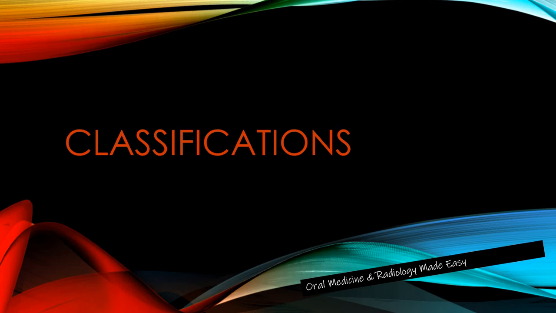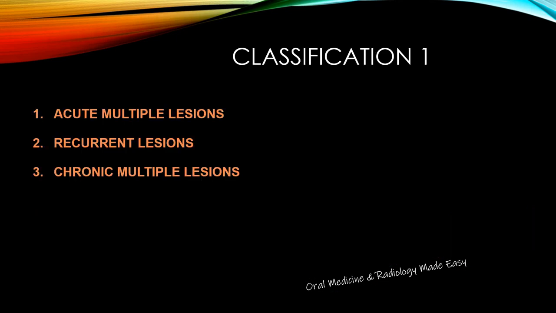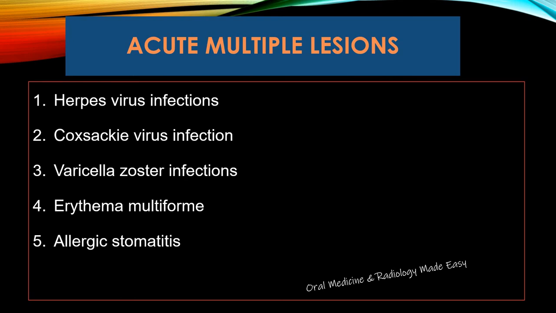Now coming to the classifications. The first classification is based on Burkitt's textbook of oral medicine. Burkitt's have classified it as acute multiple lesions, recurrent lesions and chronic multiple lesions. Under acute multiple lesions, we have mainly the viral infections, that is herpes virus infection, Coxsackie virus infection, varicella zoster infection, erythema multiforme and allergic stomatitis.